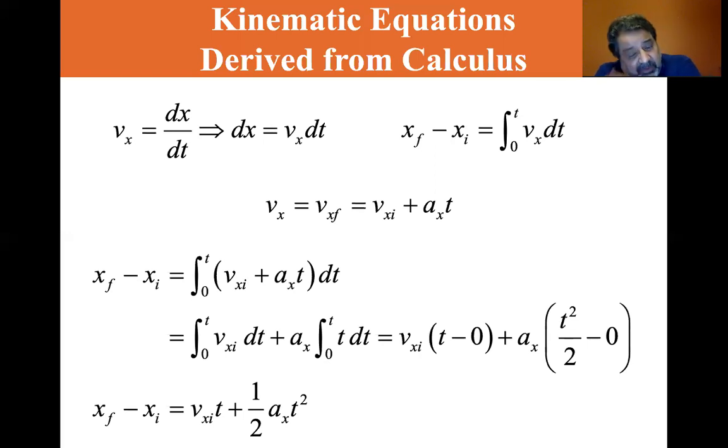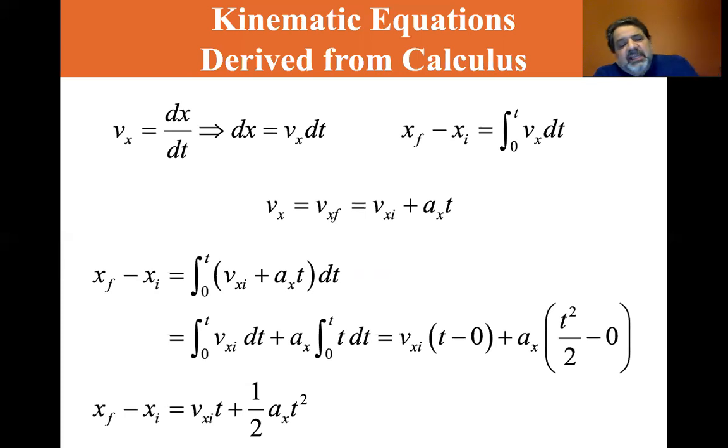Well, the integral of dt is t, evaluated from 0 to t is Vxi times t minus 0, and plus ax, well, the integral of t dt is t squared over 2, which gives us our familiar x final minus x initial equals Vxi t plus 1/2 ax t squared.